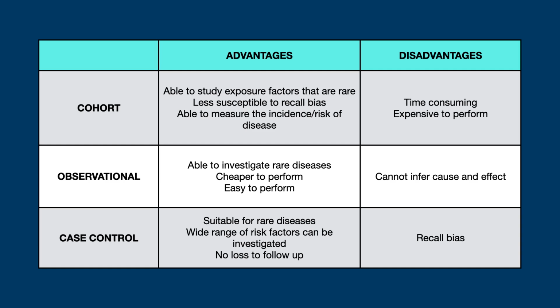However, it seems to be time-consuming and expensive to perform. Observational study is able to investigate rare diseases. It is cheaper and easier to perform. However, it cannot infer cause and effect. A case-control study is suitable for rare diseases with wide range of risk factors can be investigated and there can be no loss to follow up. However, there can be recall bias.